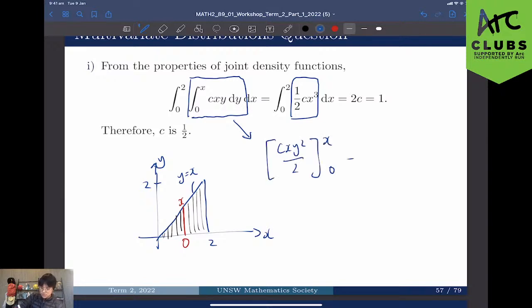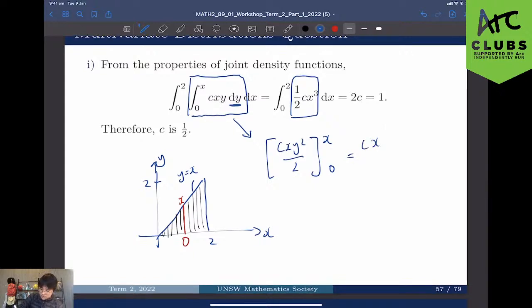The boundaries are x and 0, and we substitute into y because we integrated with respect to y. So we get cx times x squared on 2 minus 0 for y equals 0. That gives us cx cubed on 2, which is what we have here.